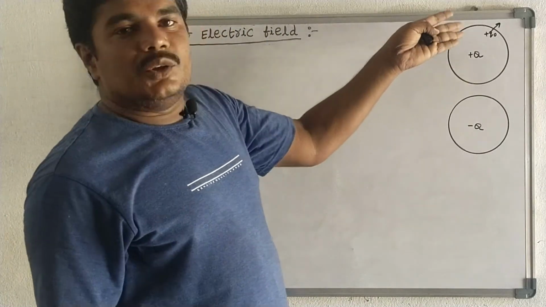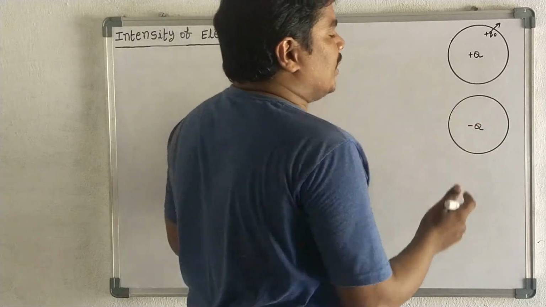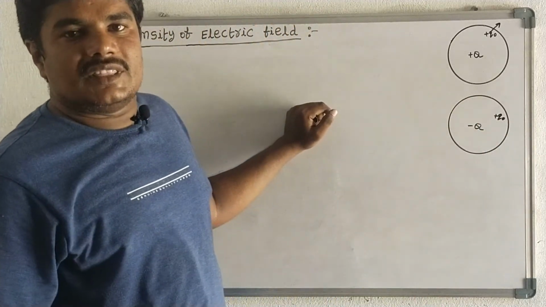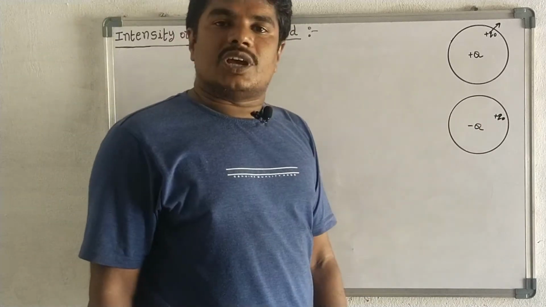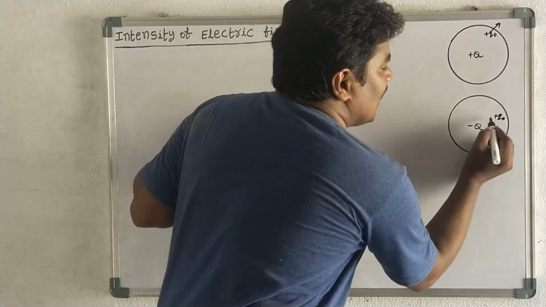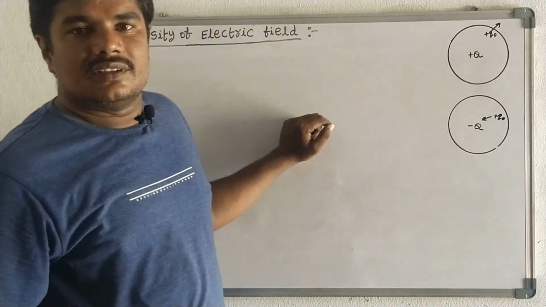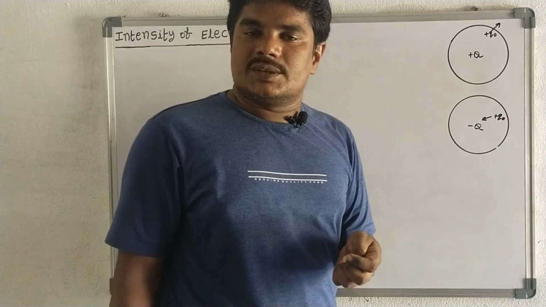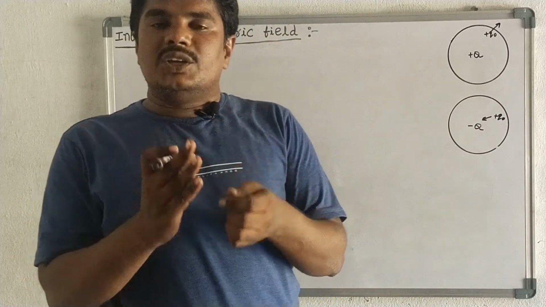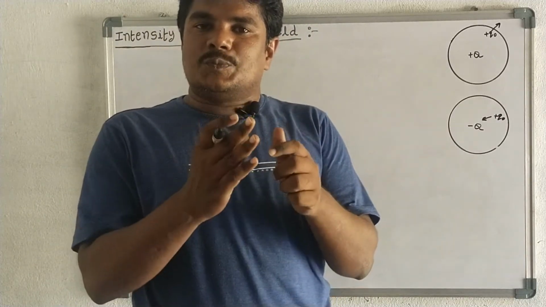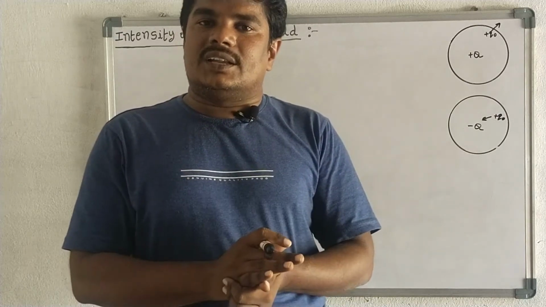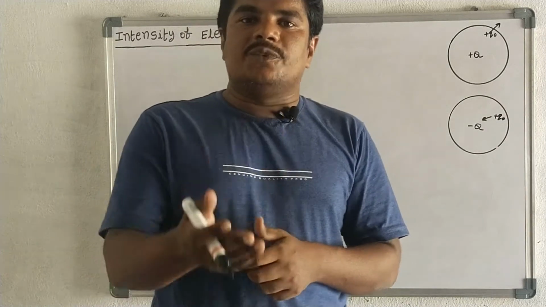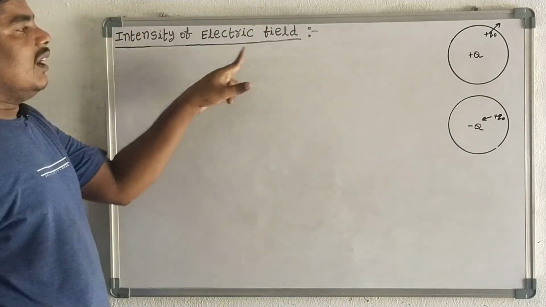If the unit positive charge is placed at any point in this electric field, then it experiences an attractive force because these two are opposite charges. That means if the unit positive charge is placed at any point in the electric field, it experiences some force. That force is called intensity of electric field.